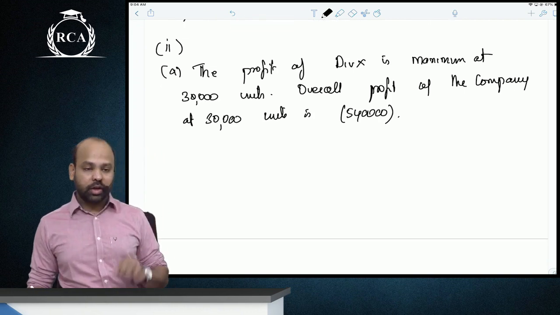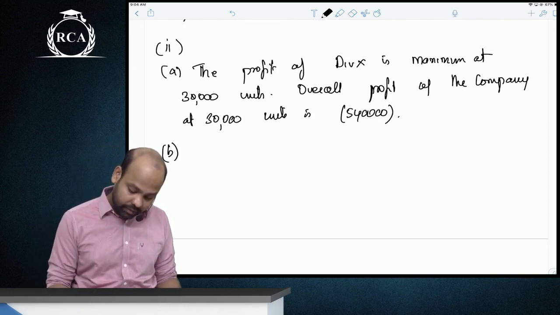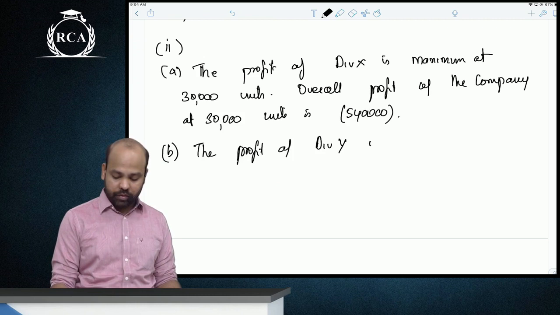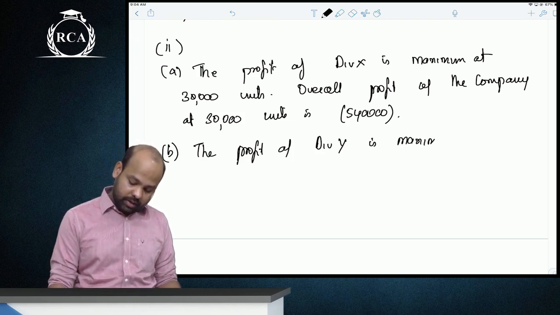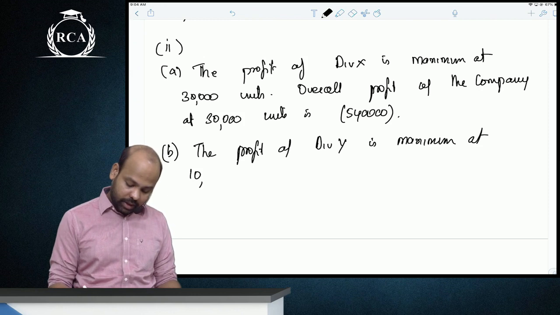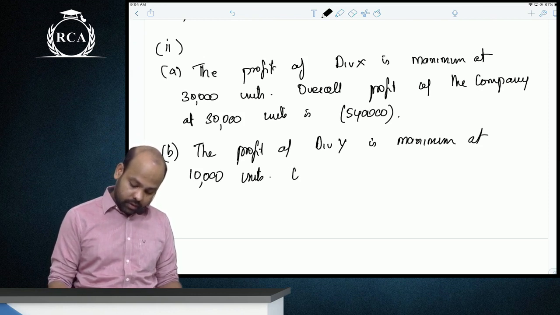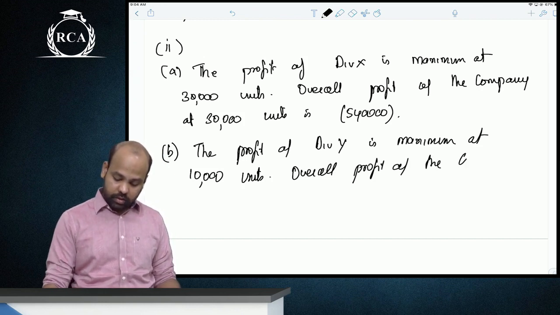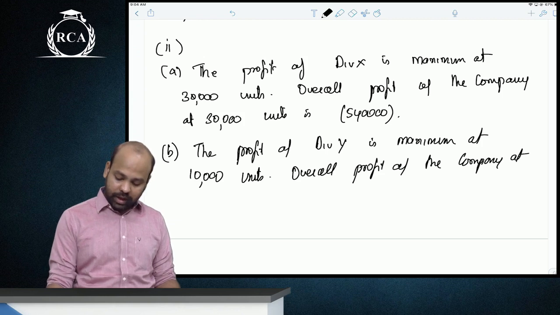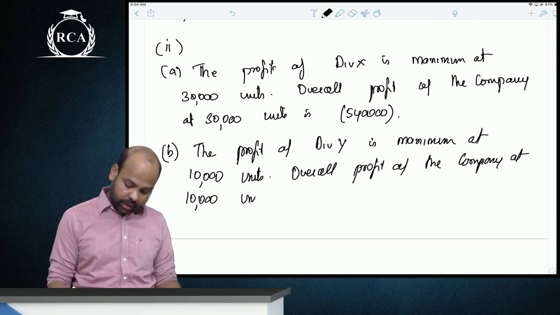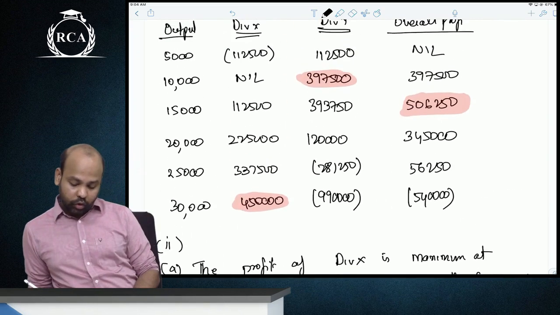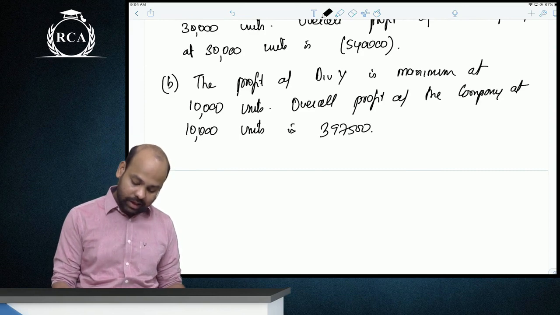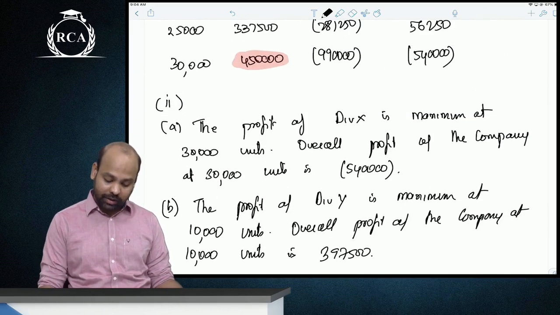Likewise, the profit of division Y is maximum at 10,000 units. The overall profit of the company at 10,000 units, which we are talking about now, is only 3,97,500. Yes or no? Yes, sir.